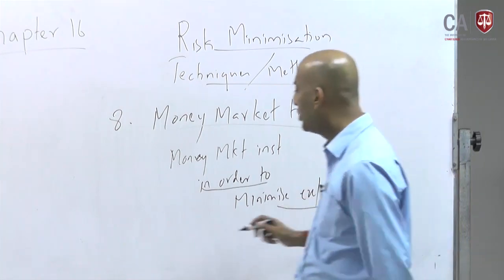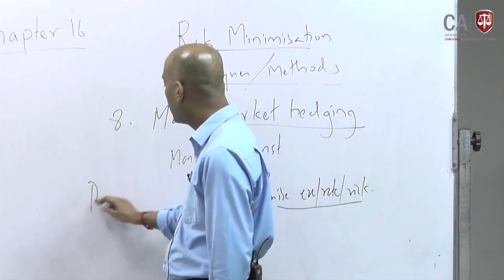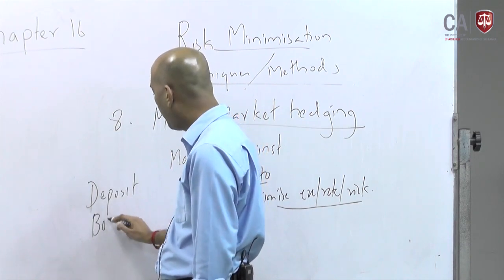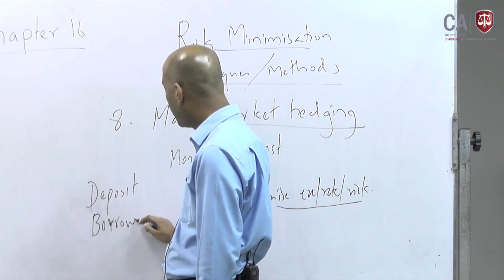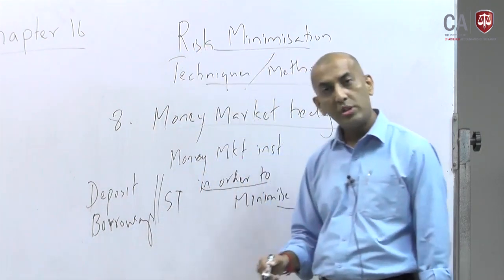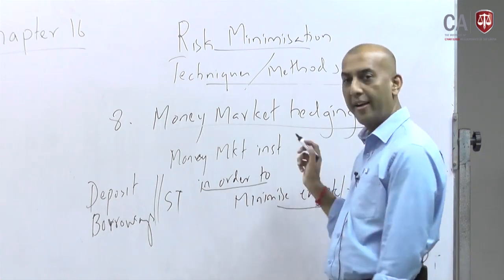So what are money market instruments? It's about your short-term deposits and borrowings, which we use to minimize the exchange rate risk.